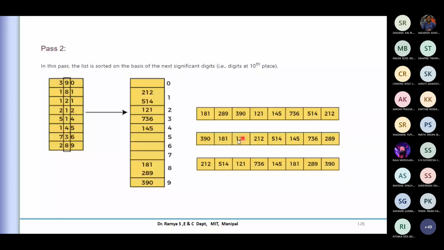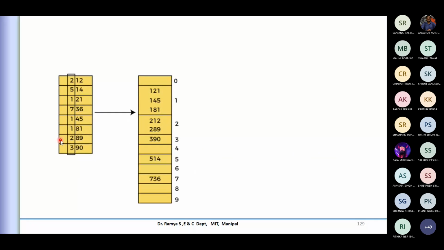In the second phase, all the second digits are organized based on that radix system. That is what happens in the second phase of this particular algorithm. Now it will go for one more iteration, because the maximum number of digits, the length which we have to iterate over, is 3 here. So it will go for the next phase.